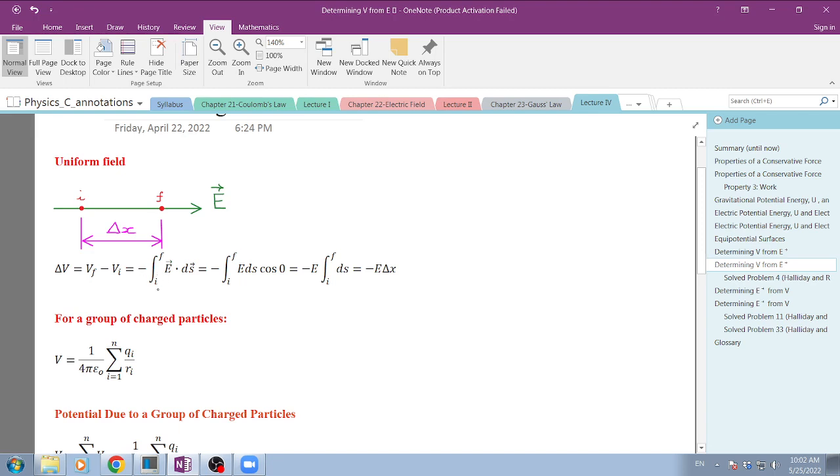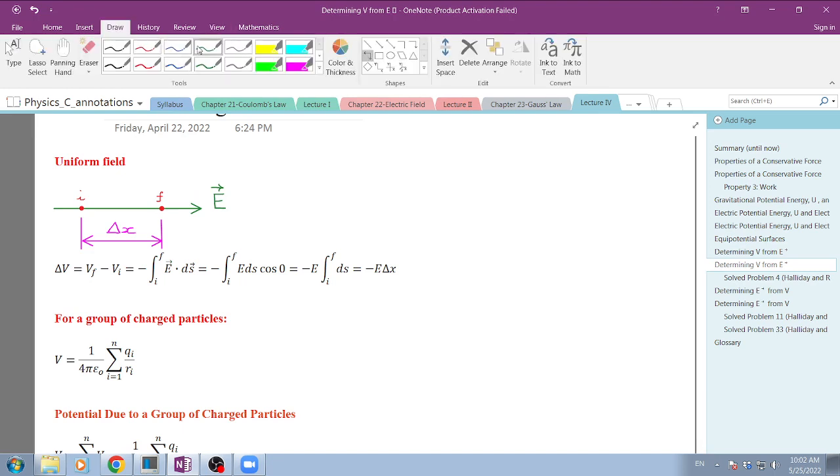Since we know that the vector, if you consider a reference point right here, x 0, and then my electric field is going in this direction, it is going to be E in the i direction.